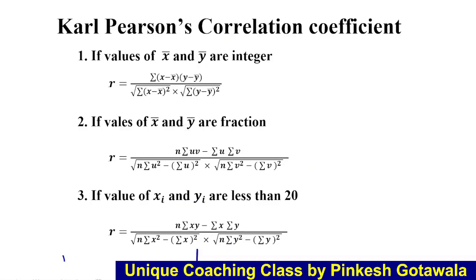Here we find the correlation between two variables, that is x and y. Now I'm just taking the values of x and y. Suppose here 20, 35, 42, 18. This is the value of xi, the first variable, and for the second variable let's take 28, 36, 52, 19.